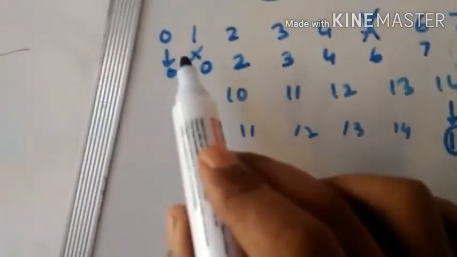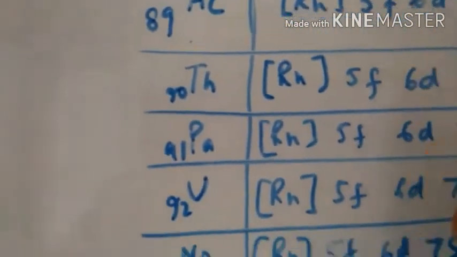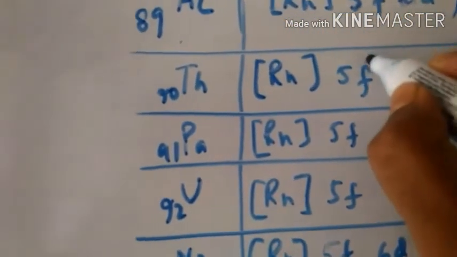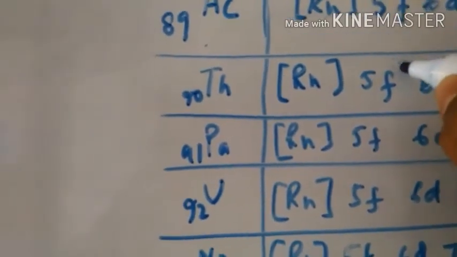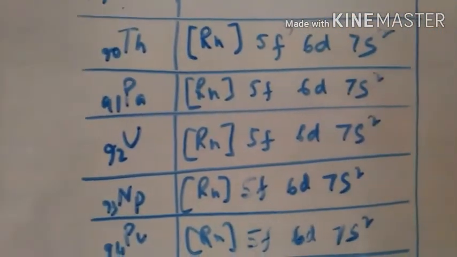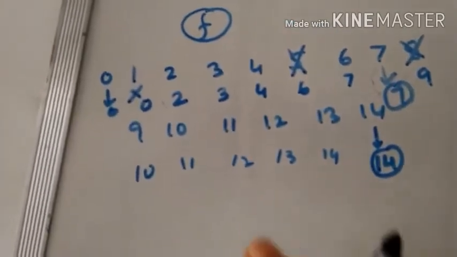So starting from actinium and then comes thorium. For thorium, no 1 electron will come, so this f is also going to be 0. And now the next part that comes is 2 for 2.